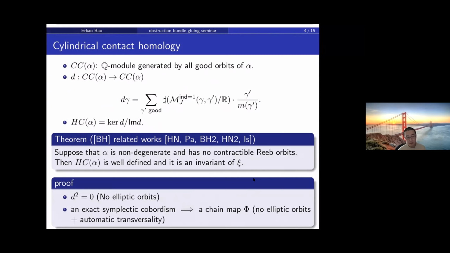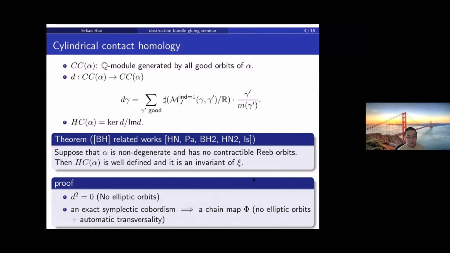You also need to multiply by 1 over the multiplicity of gamma prime, where the multiplicity means that if gamma prime is a k-fold cover of some simple orbit, then the multiplicity is k.